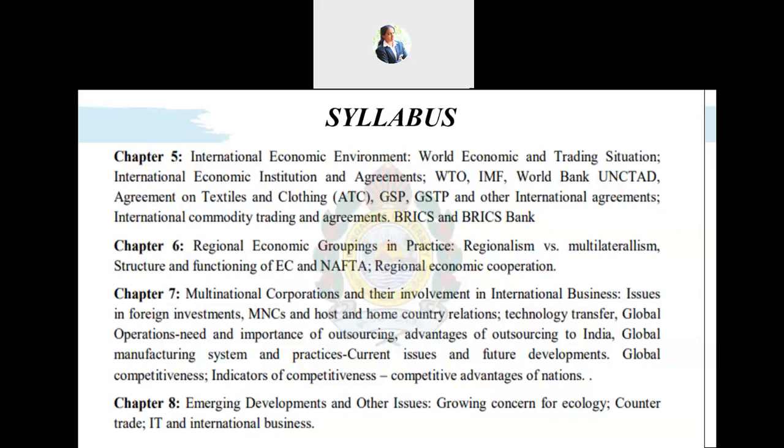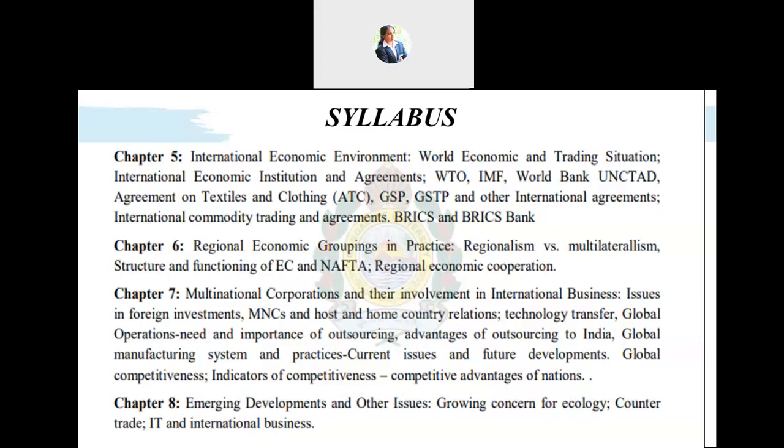Studying this is important for understanding how an MNC is different from other kinds of business organizations, and also the dynamic nature of an MNC.